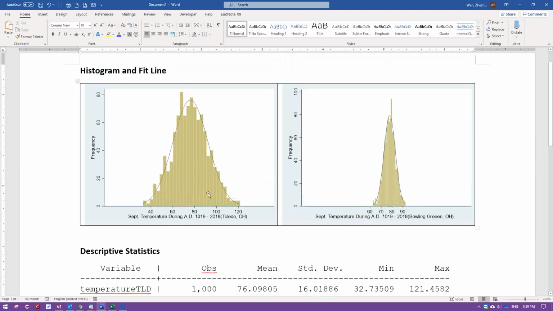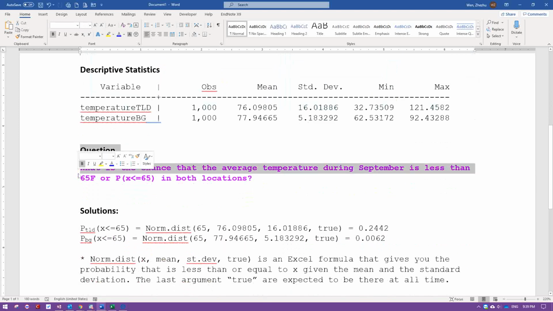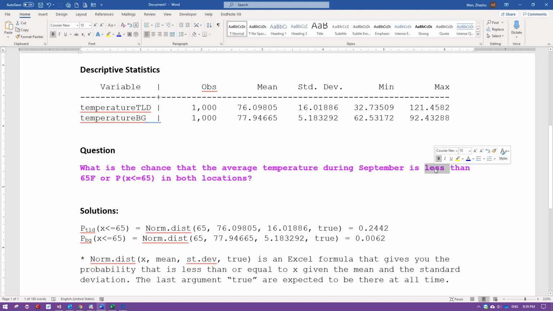So my question here is, what is the chance that the average temperature during September is lower than 65 Fahrenheit? Or you can write it in this fashion: X represents the temperature and the temperature is less than 65.